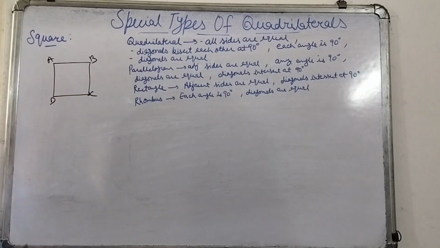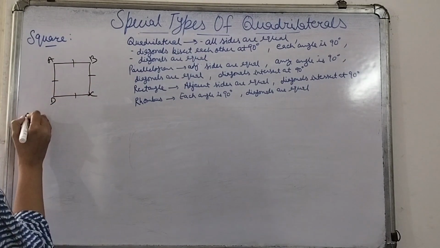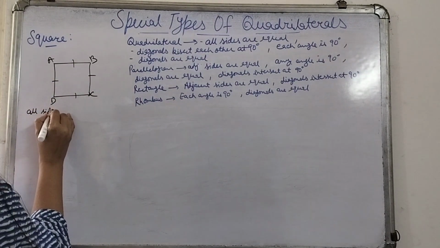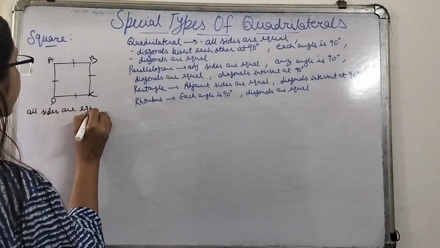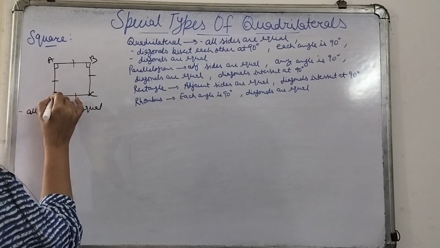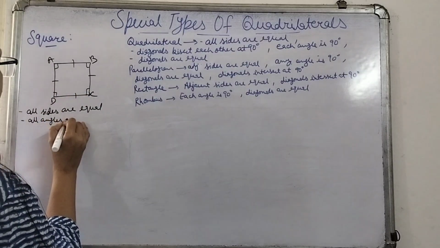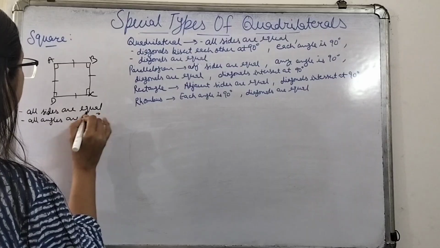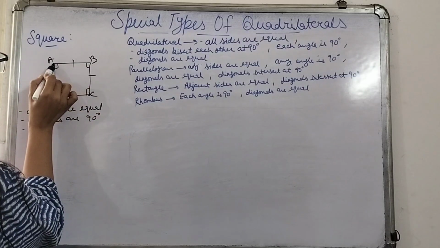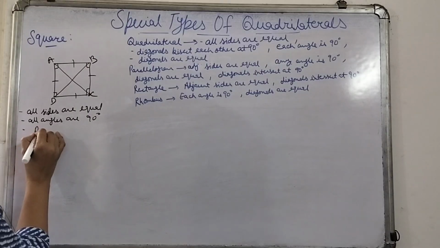Then all four sides are equal. All the angles are 90 degrees. Diagonals are equal. These are the diagonals, so diagonals are equal.